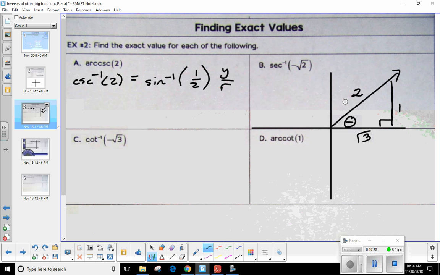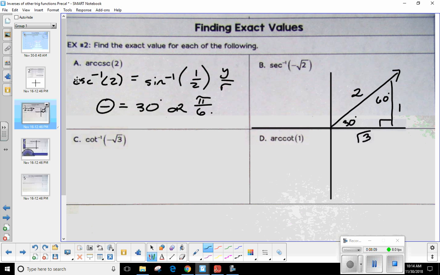The hypotenuse is double the shorter leg. The longer leg is square root of 3 times the shorter leg, so absolutely. But this angle that we're looking for right here, is that 30 or 60? That is 30. That one would have to be 60. So my answer, the theta that I'm looking for, is 30 degrees. But remember, if it's a special right triangle, we want to write our answer in radians, which would be pi over 6.